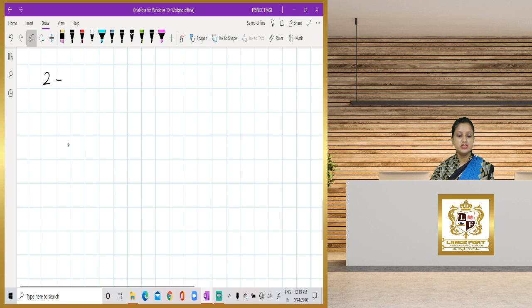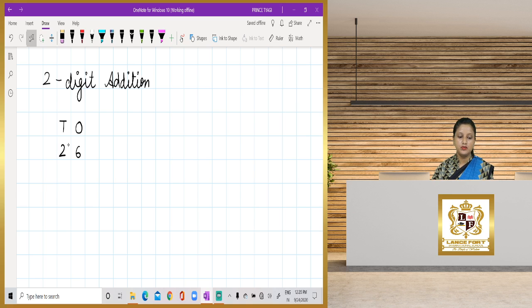Now, two-digit addition. Here we have tens and ones. At the ones place we have number 6 and at the tens place we have number 2. The second addend is 12. Now add both the numbers.